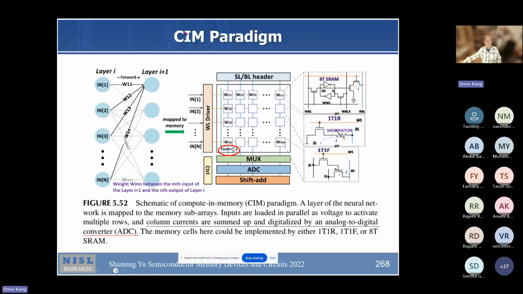So the CIM paradigm, right? You have a layer 1, which can be neurons, and then layer 2, which is another set of neurons, and then these are memristive connections, right? All the learning is done in this connectivity here.